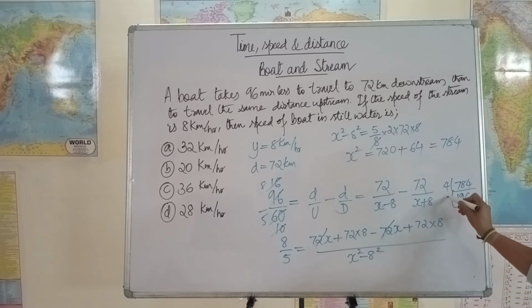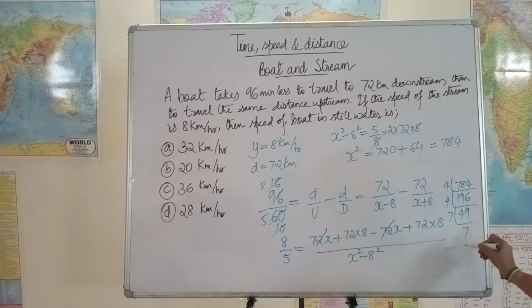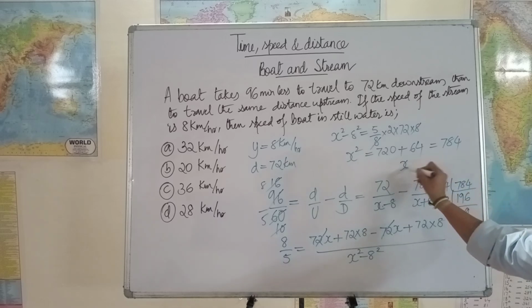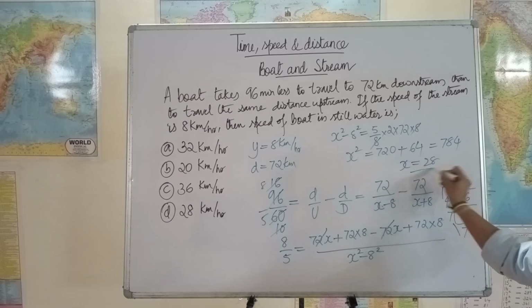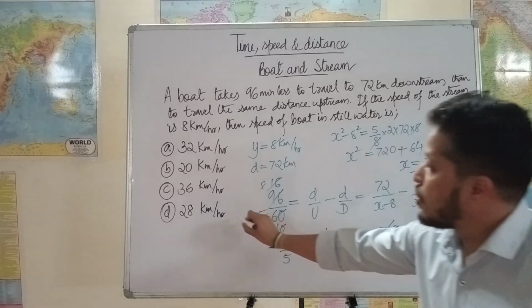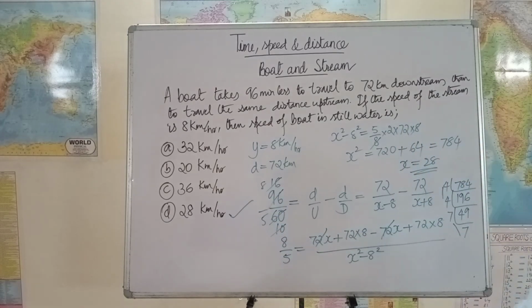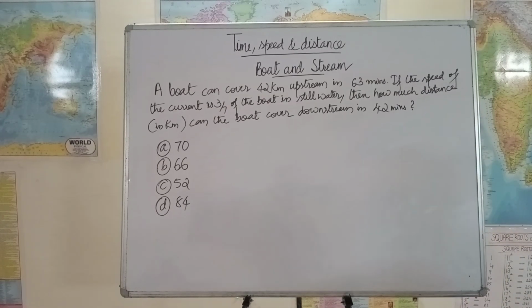Again it is divisible by 4, right? 4 4s are 16. 36 is 9 times again. So 7, 7, 7. So 7 and 4 are the pairs. So 4 into 7 is 28. So x is equal to 28, which is 28 km per hour is the right answer. Option D. Okay, we have the next question.